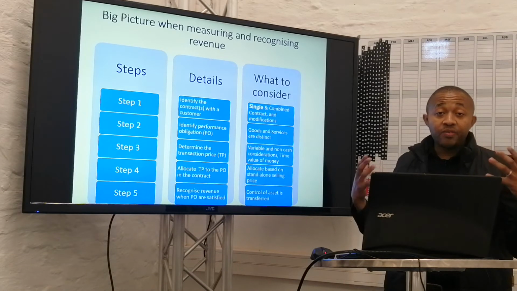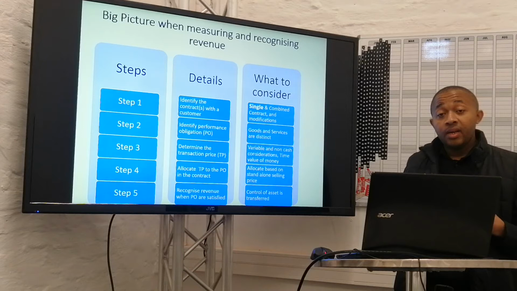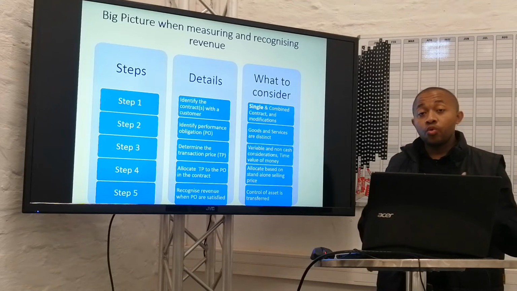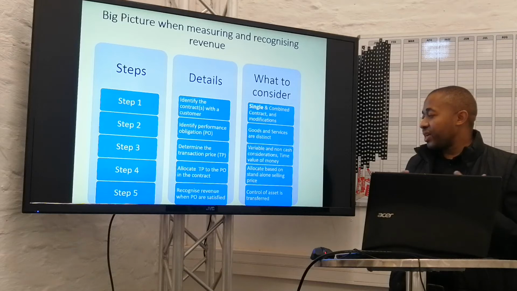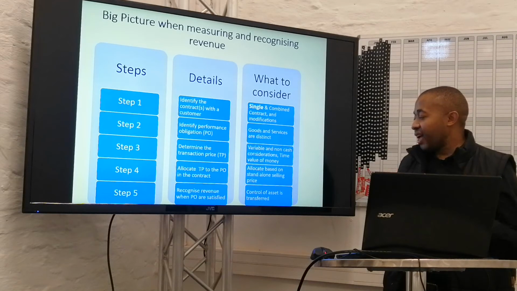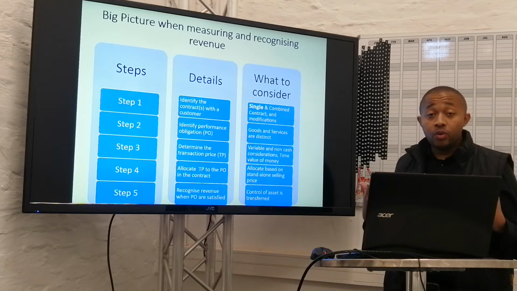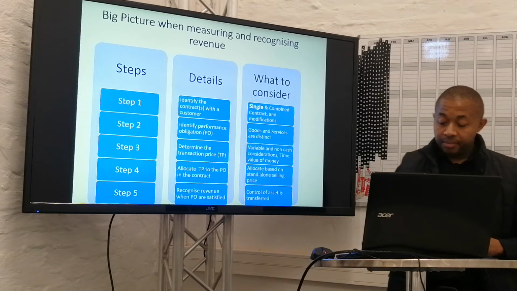Then we also have to allocate the transaction price to the performance obligations. We allocate it using standalone prices. And then step 5, we recognize revenue when the performance obligations are satisfied. So what we have to consider is control of assets in the transfer.